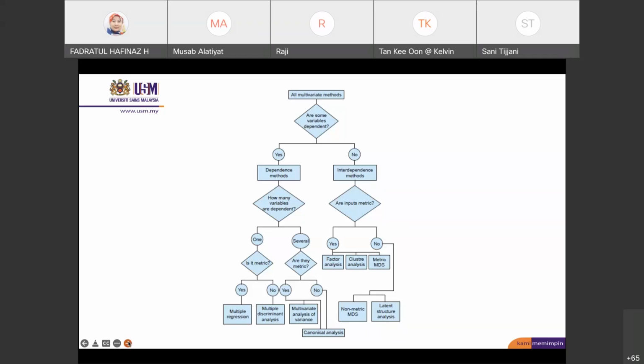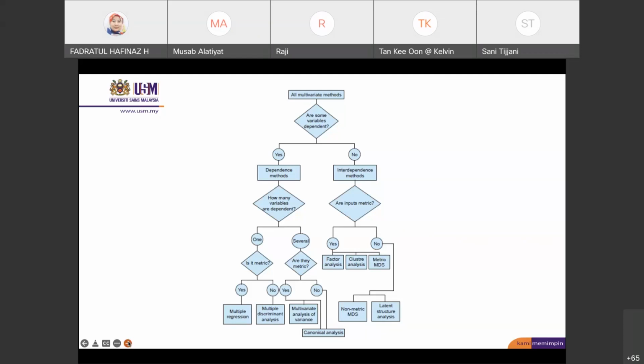This flowchart diagram I took from the article called "The Multivariate Revolution in Marketing Research" by Sheth and Chase. It gives a very clear flow chart that exhibits the nature of some important multivariate techniques, as shown in the slide.